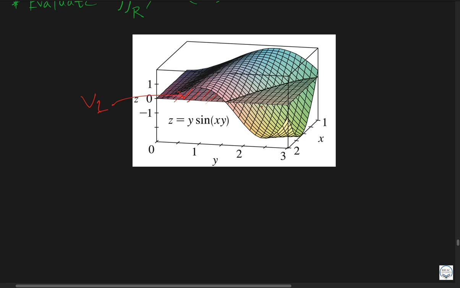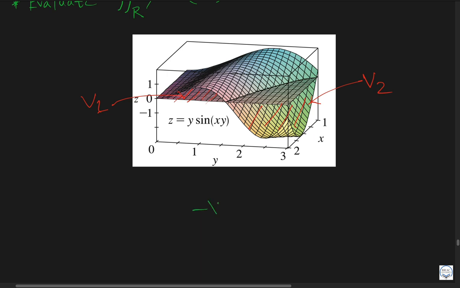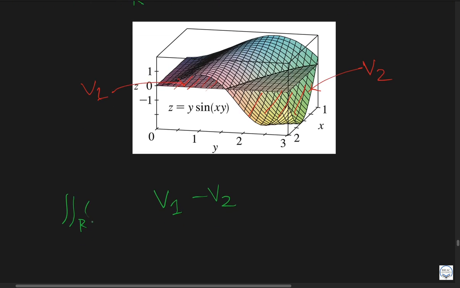So let's call this volume V1 and this volume V2. The integration will actually give us minus V2 because this is below the xy plane, and the integration will give us plus V1 because it's above the xy plane.